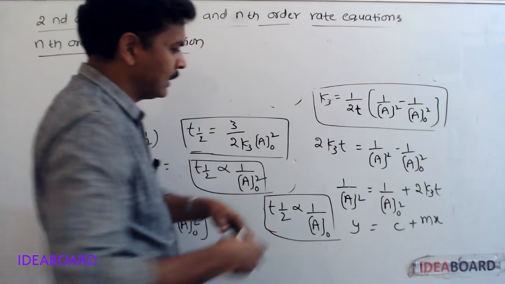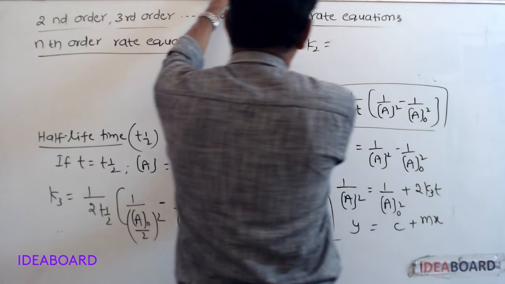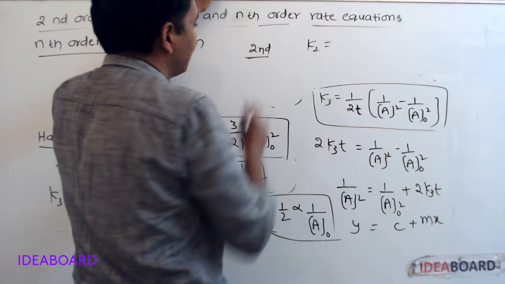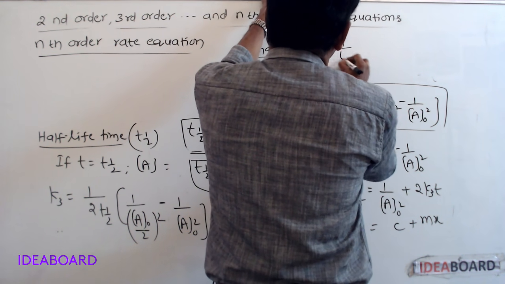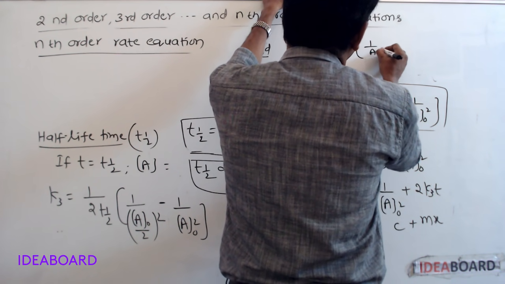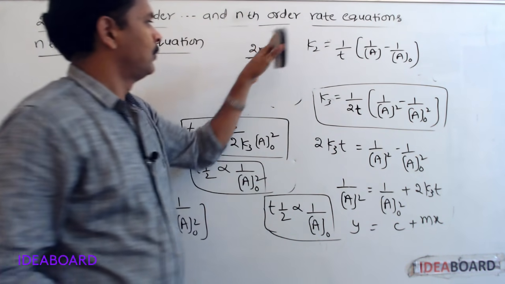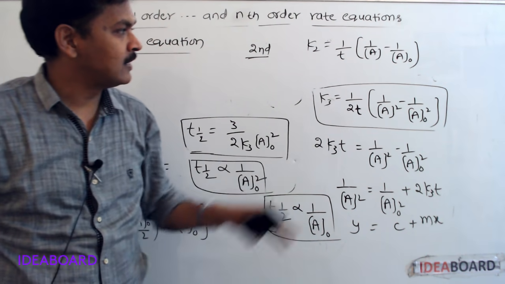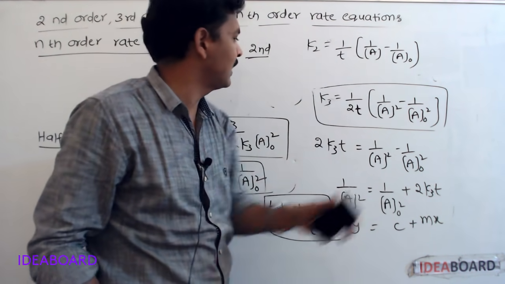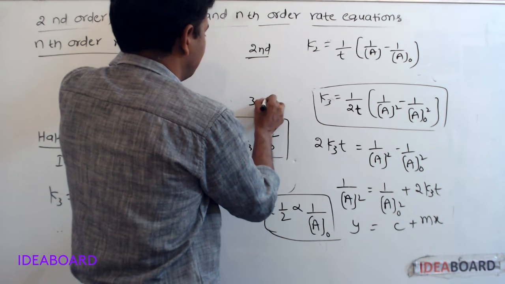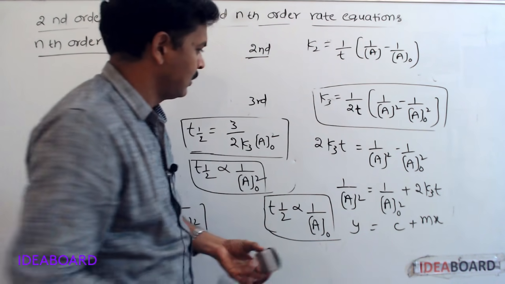For second order, I gave this equation: for second order reactions, the integrated rate equation is K2 is equal to 1 by T into (1 by A minus 1 by A naught). For third order reactions, this is the integrated rate equation.